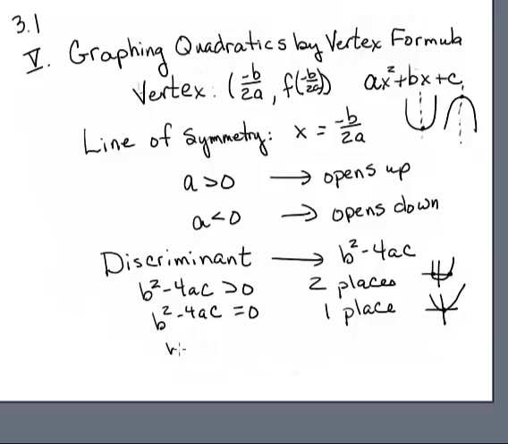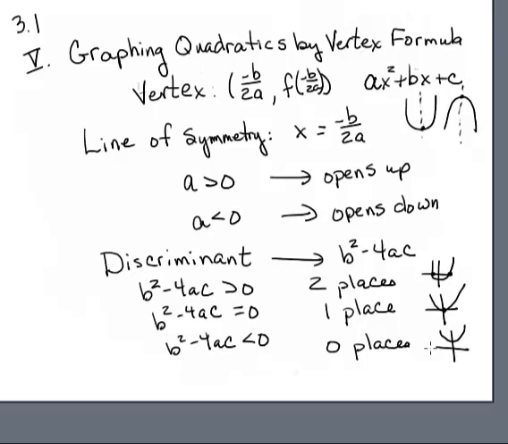And if b squared minus 4ac is less than 0, a negative number, which in the quadratic formula would be a negative number under a square root, it's not going to cross the x-axis at all. So it'll look something like this. It is a parabola, but it's not crossing the x-axis. That is the way you learn to graph a quadratic by using the vertex formula.